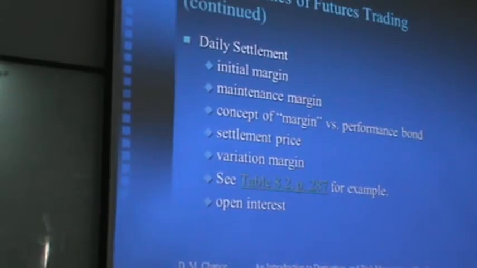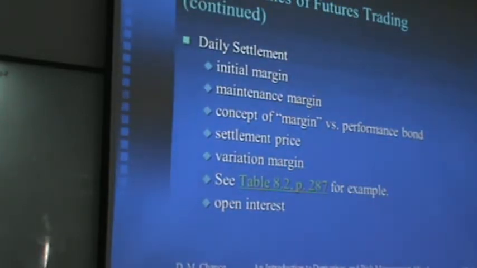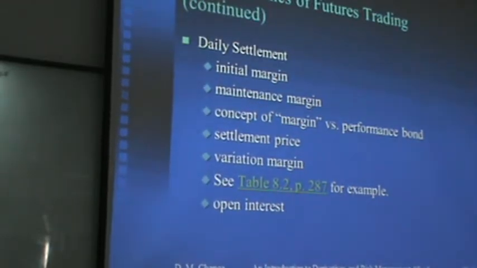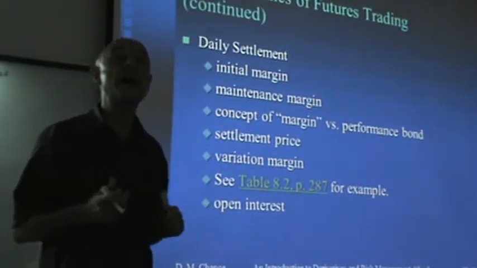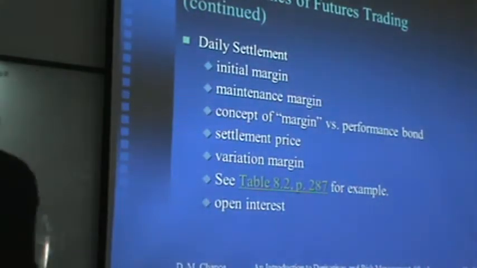This is your loss for a contract. And you got 3 contracts. What's your total loss for the day? 3,000. Minus 3,000. So what's your balance for the account? You're left with 14,000.